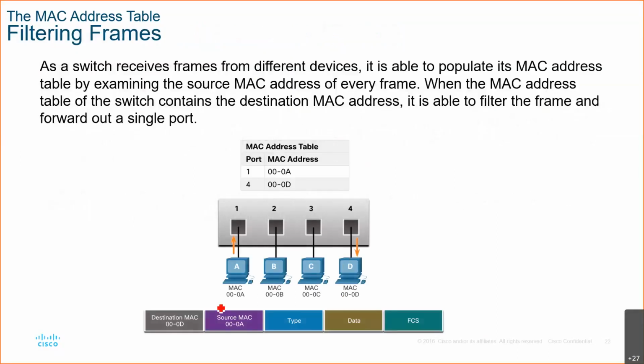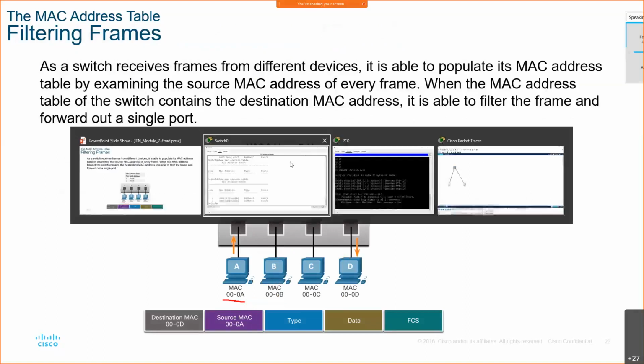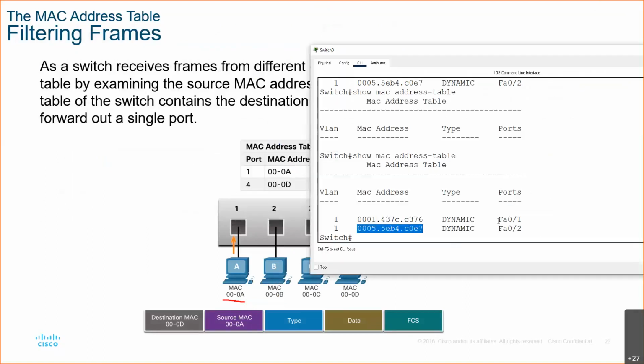Every device that you connect to the switch, that device's MAC address will be in your switch's MAC address table. It will also say to which port it's connected. The MAC address table will also have information about which port it is connected to.